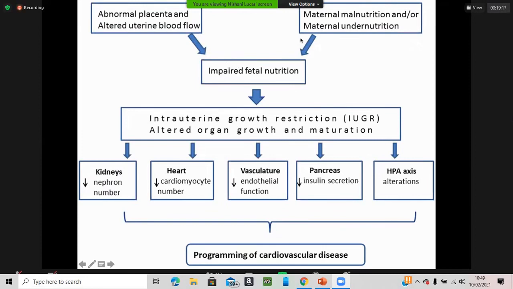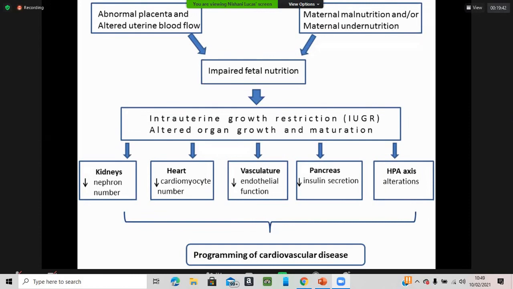On the other hand, maternal undernutrition or malnutrition will also impair fetal nutrition. And impaired fetal nutrition will result in intrauterine growth restriction as well as a difference in organ growth and maturation. And this will in turn have effects on different organs in different ways.